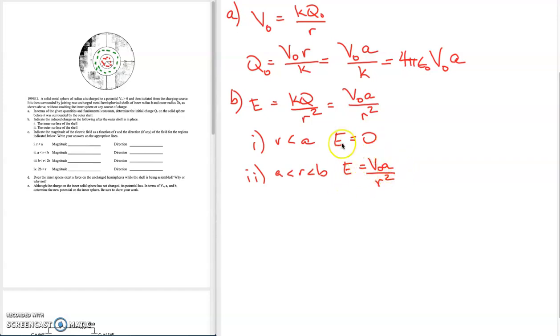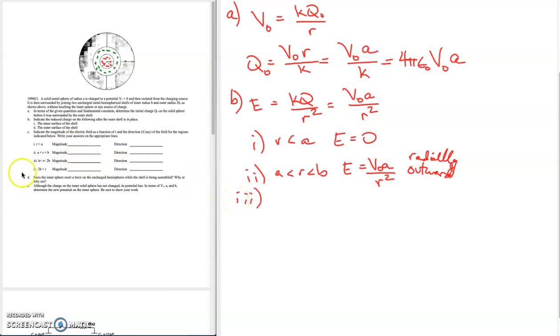These are in terms of the givens. Keep in mind that Q naught is not one of the givens, so we shouldn't have that in our answer. If the potential is greater than 0, that means the charge is positive, so the electric field points radially outward.